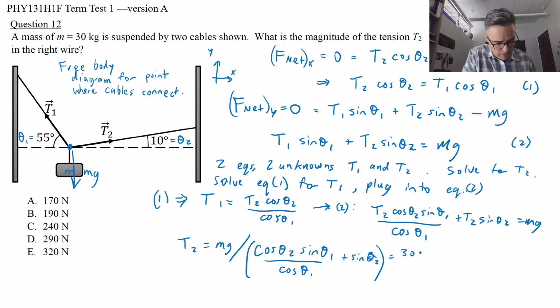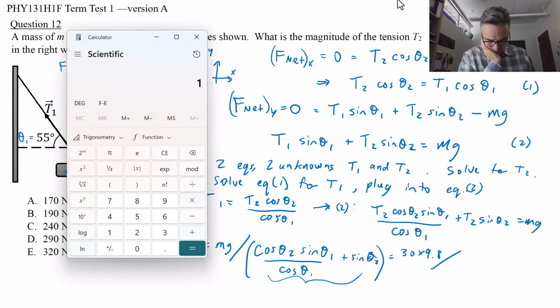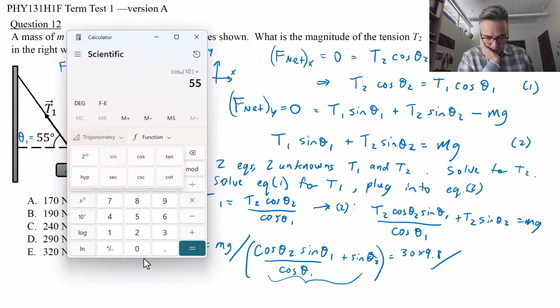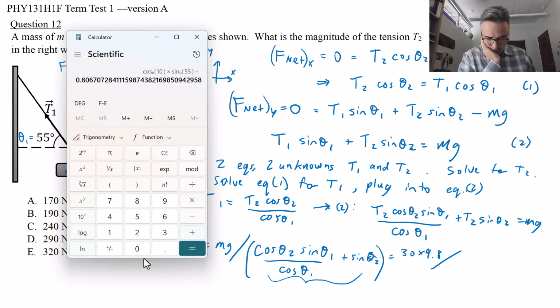You've got 30 times 9.8 divided by, let's just actually work out what this is, 10 cosine times 55 sine divided by 55 cosine equals 1.4, and then plus 10 sine equals 1.58.